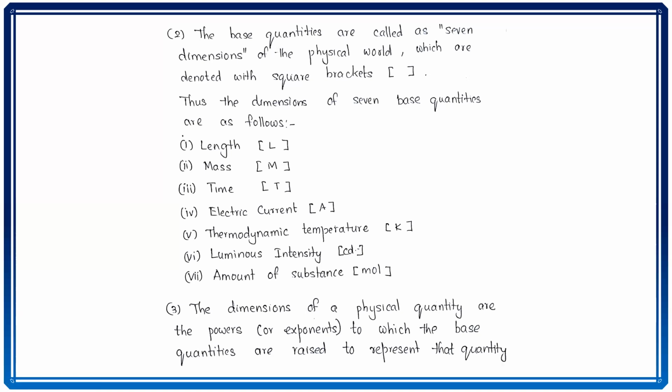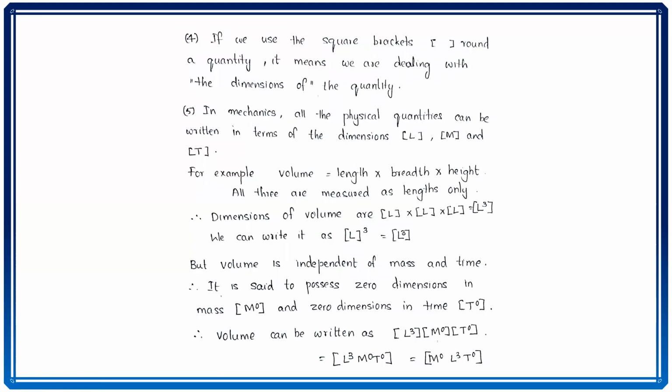In the same way, these L, M, T, A, K, cd, mol are raised to powers. For example, L to the power of 1, M to the power of 2, T to the power of minus 2. Those are called exponents. When we raise them to the powers, that becomes the dimensional formula.